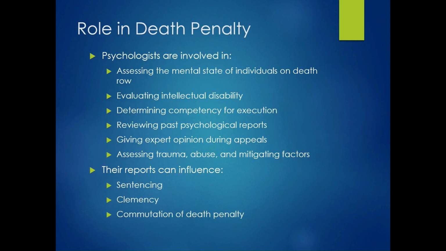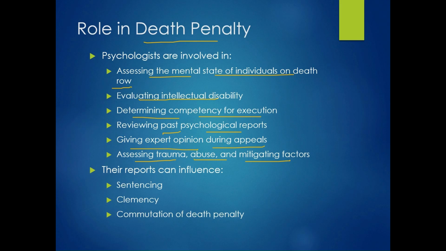Next, we see the role of the correctional psychologist in the death penalty, where a person has been sentenced to death. Here, psychologists are involved in assessing the mental state of individuals on death row, evaluating intellectual disability, determining competency for execution, reviewing past psychological reports, giving expert opinion during appeals, and assessing trauma, abuse, and mitigating factors, right?